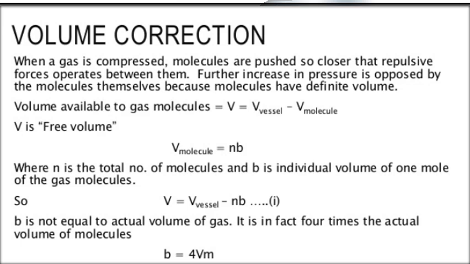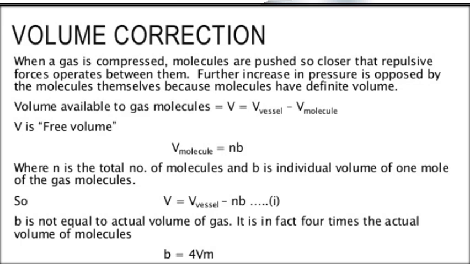So the free volume, which is the volume available to the molecules or atoms of the gas particles to move in that container, is equal to V vessel, the volume of the whole vessel, minus the volume occupied by the gas particles, right?